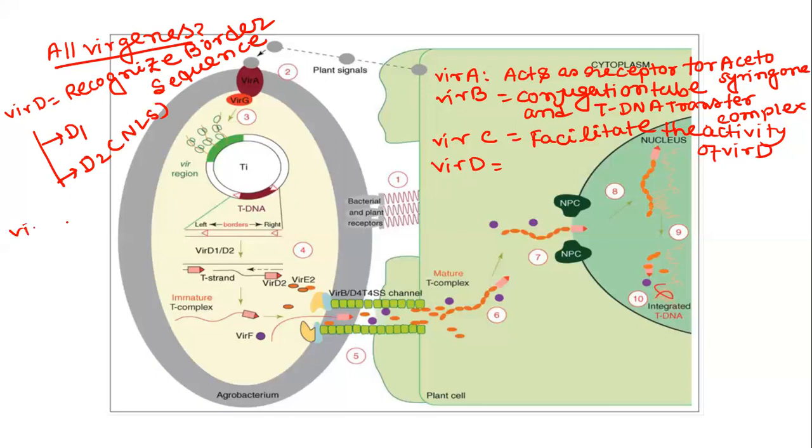Vir E acts as SSB, a single-strand binding protein, and protects the T-DNA from plant nucleases.